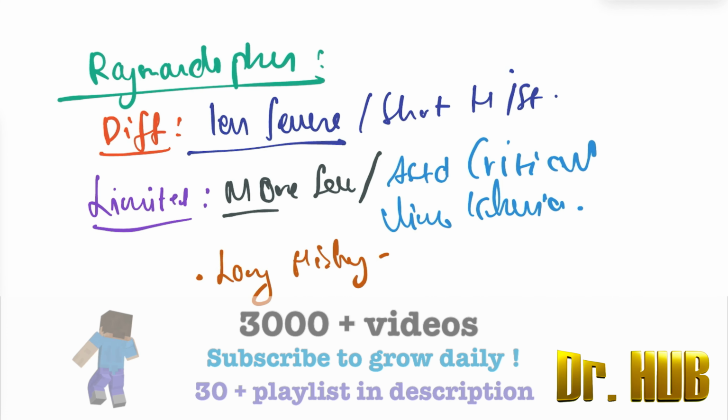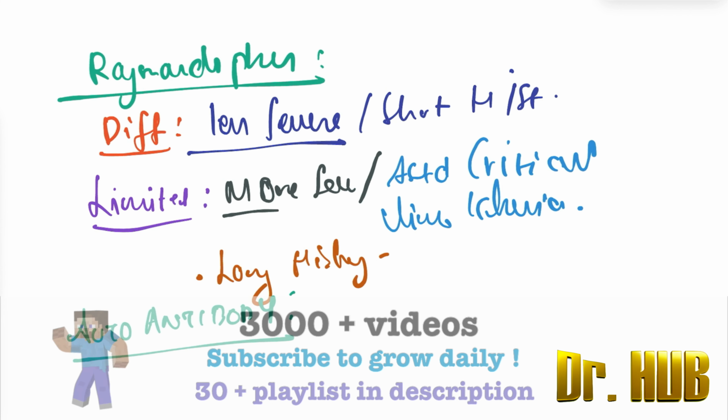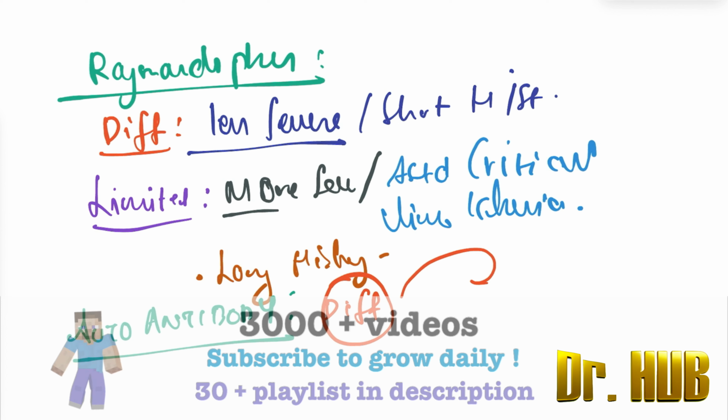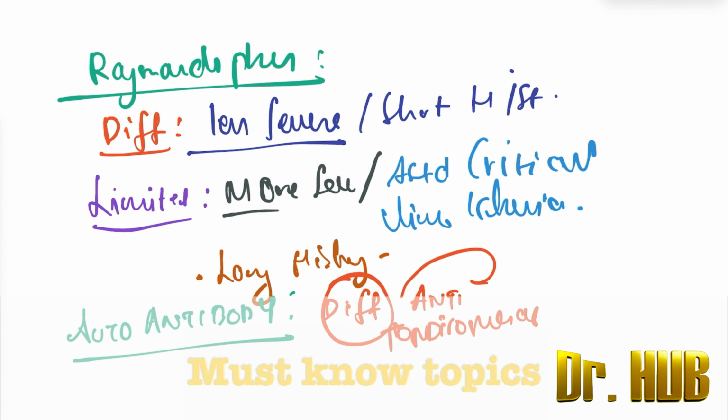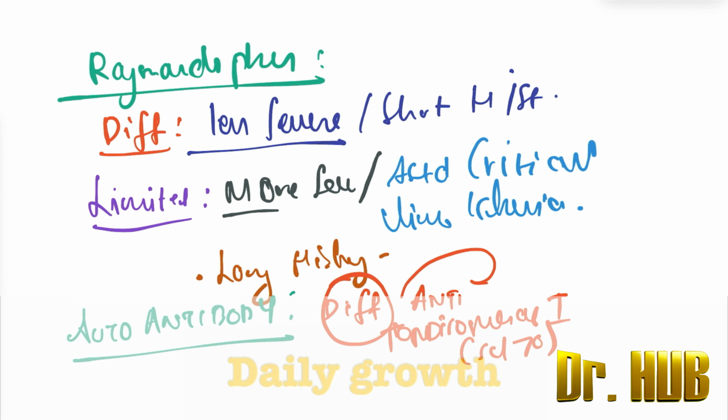Now when we look at the autoantibodies, what are they? In case of diffuse type, they include anti-topoisomerase 1, this is SCL70, as well as anti-RNA polymerase 3.